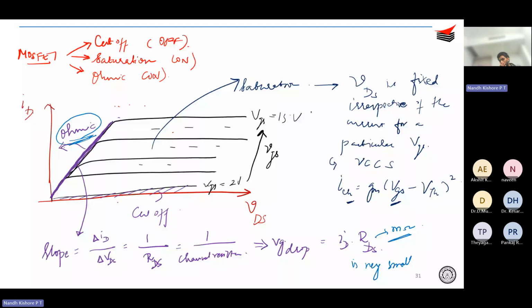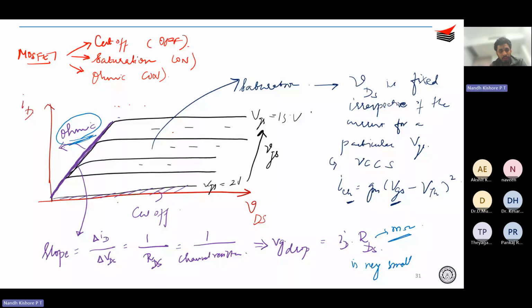So anyway, this was some extra piece of information, but the idea is in power applications, you always want to operate the MOSFET either in the ohmic region or in the cutoff region. In the saturation region, we generally do not operate MOSFETs for power applications. But if you go towards signal applications, like maybe in your analog circuits, you want the MOSFETs to operate as a current source.